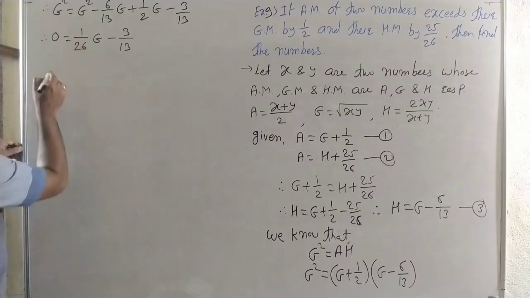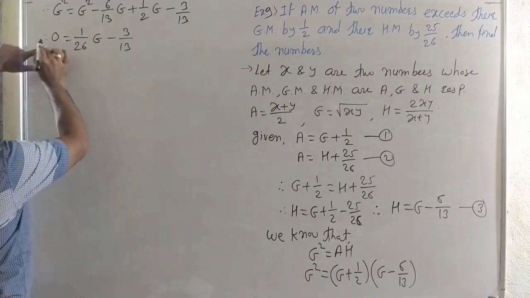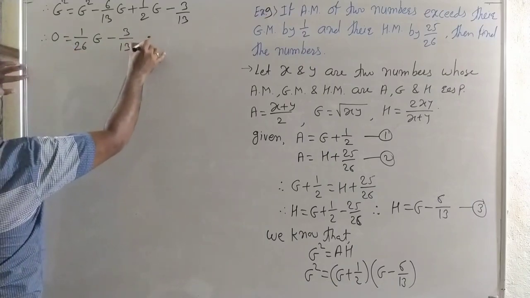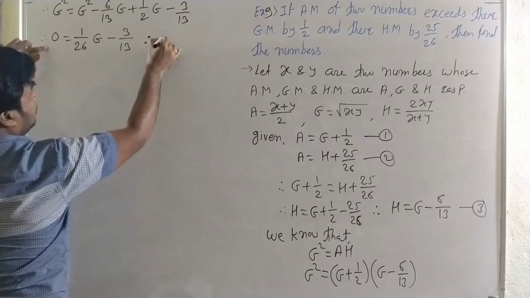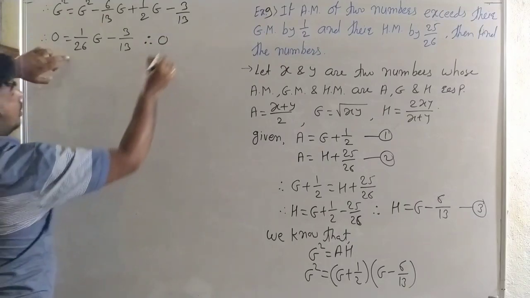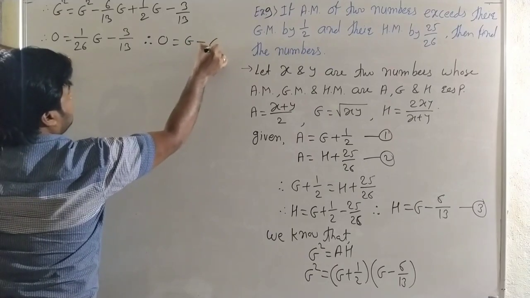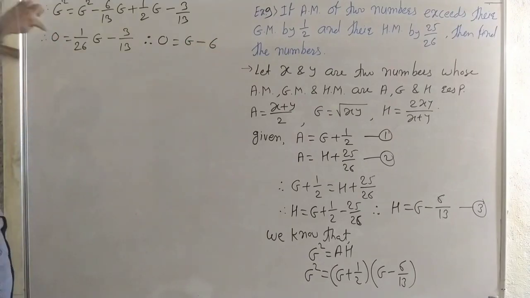Then take simple calculation. Throughout multiplying by 26 we get 0 is equal to G and minus 6. See carefully, throughout multiplying by 26, here it is 0.